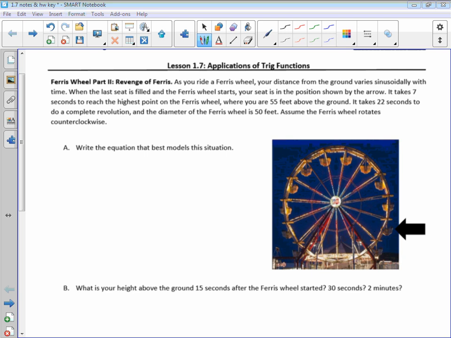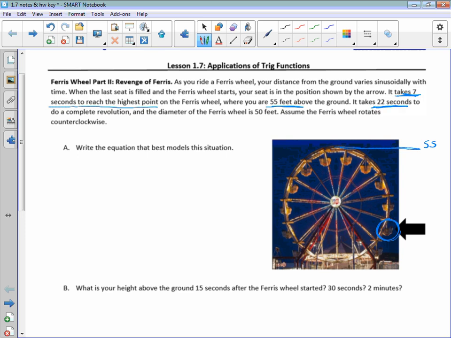This is where you are when you start. And we'll come back to the 7 seconds to reach the highest point. When you're at the highest point, you are 55 feet above the ground. So I'm just going to label that up here. That is 55 feet. Highlighting all the important stuff here for you.